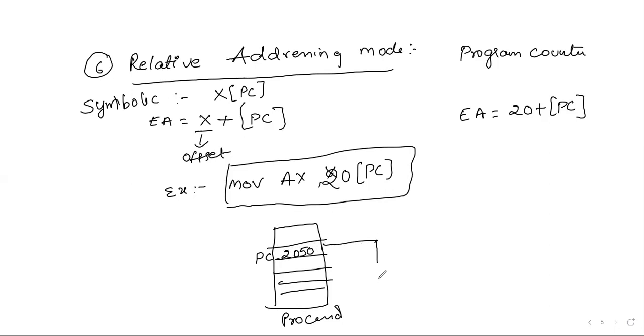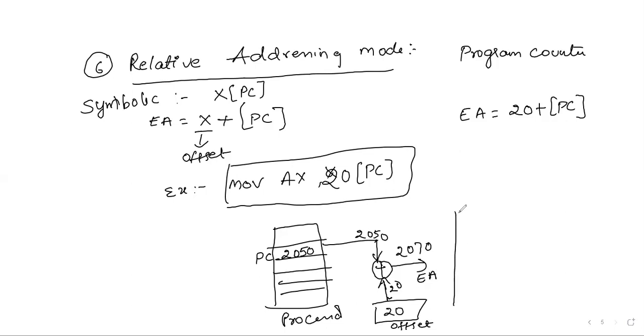This is added with the offset value 20, which is a displacement value. From the program counter the content is 2050, plus 20, so you get the effective address 2070.